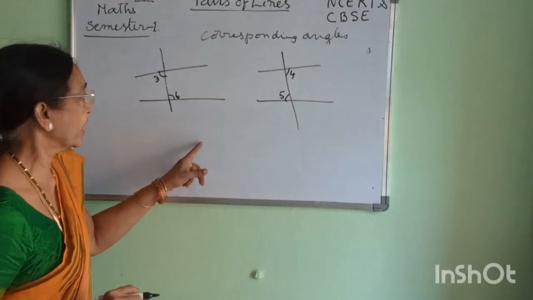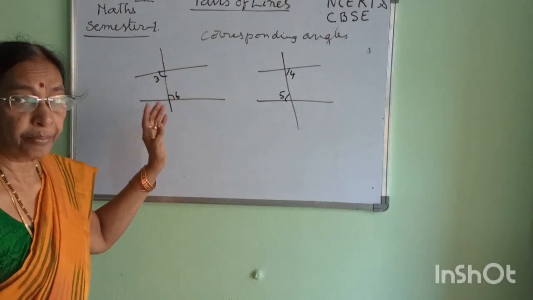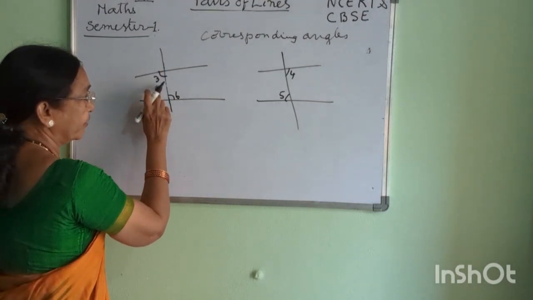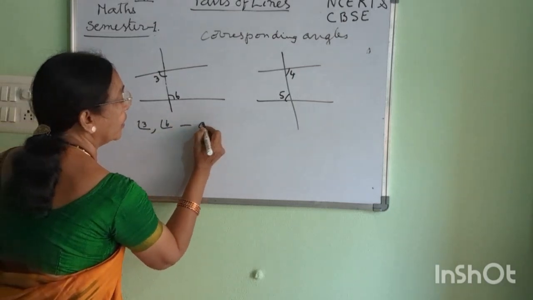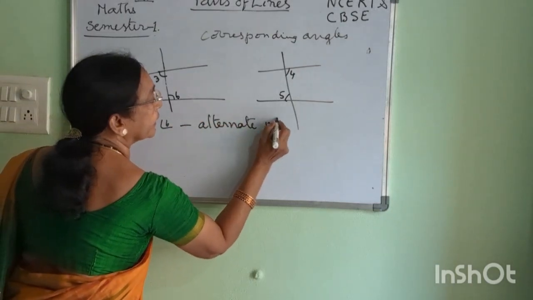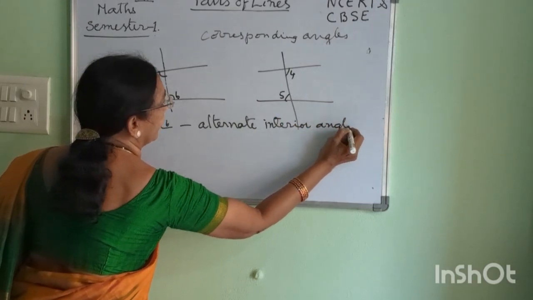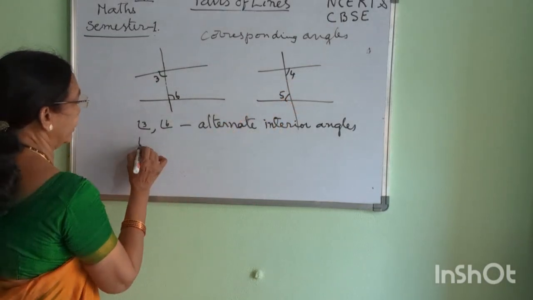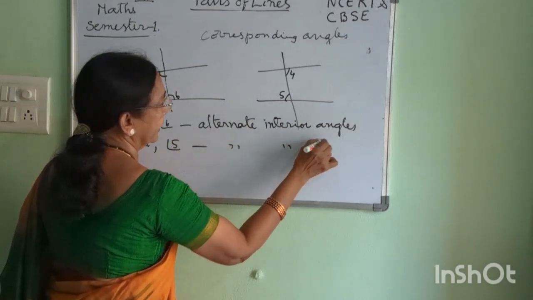So observe these figures. Here 3 and 6 are interior angles, but they are on the opposite sides of the transversal. Therefore these two angles, angle 3 and angle 6, are called alternate interior angles. Similarly here also angle 4 and angle 5 are alternate interior angles.